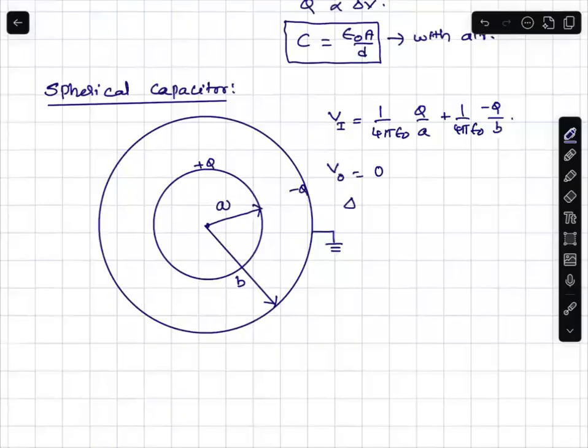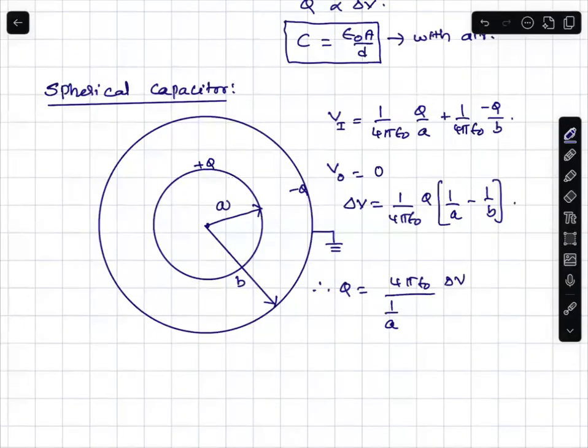Now tell me, what is the expression for the potential difference here? 1 by 4 pi epsilon naught q times 1 by a minus 1 by b. So therefore, q is equal to 4 pi epsilon naught delta v times 1 by a minus 1 by b.